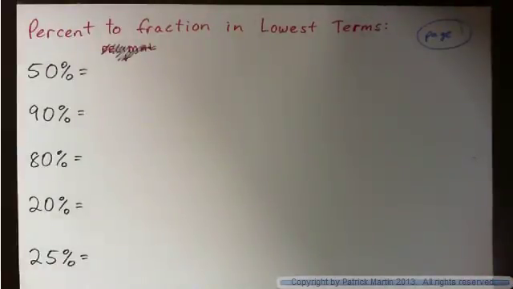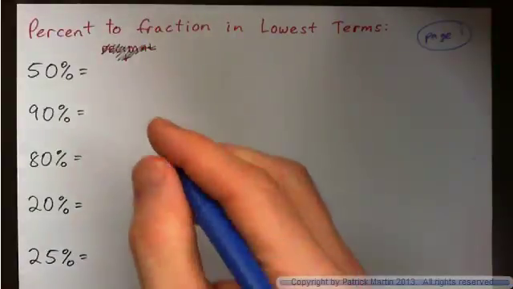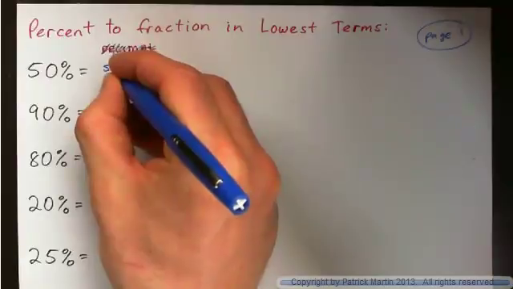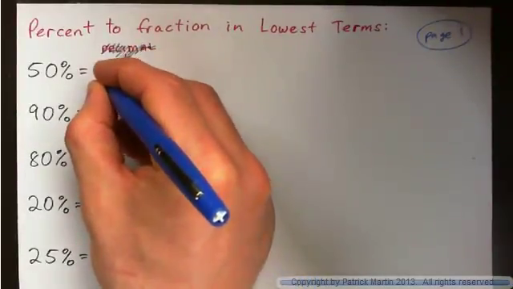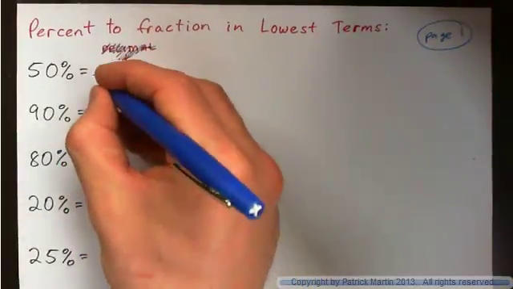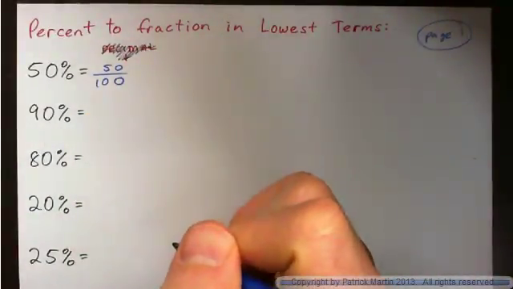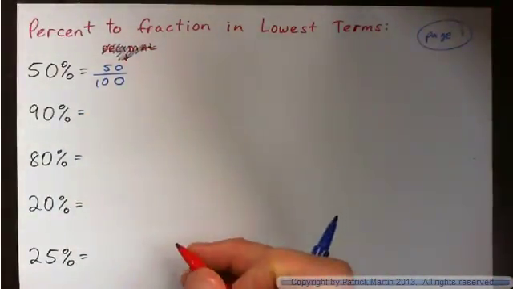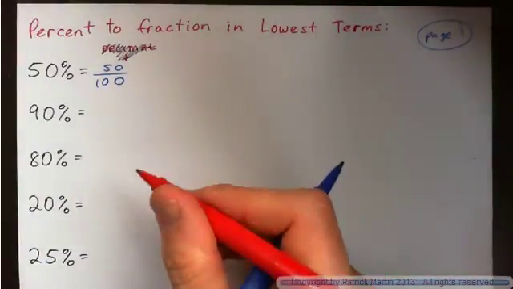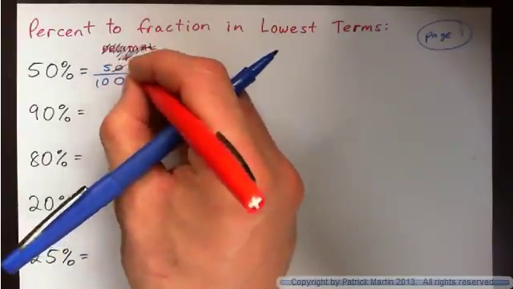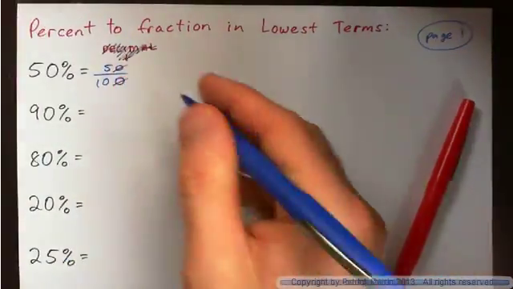50%, I want you to write that as a fraction first of all. Write that as a fraction. 50 divided by 100, right? 50 per 100. And one thing to learn from things like this is, look, if you divide the top and bottom by 10, this becomes 5 and that becomes 10.